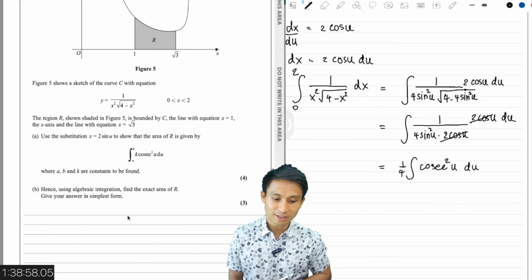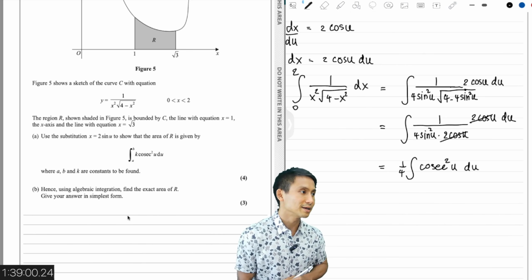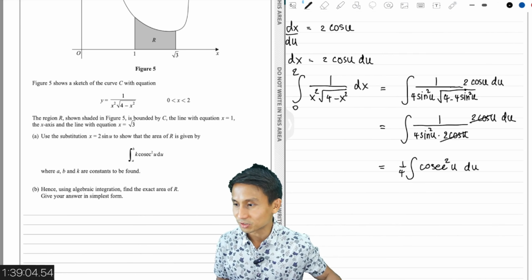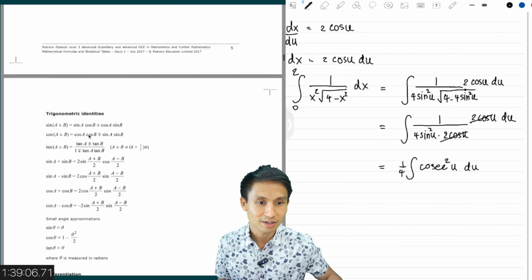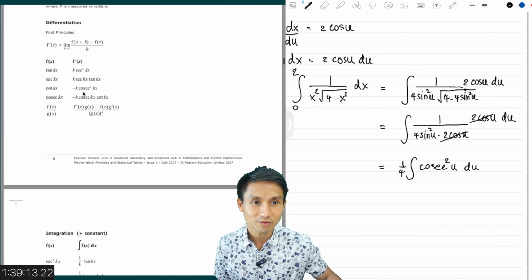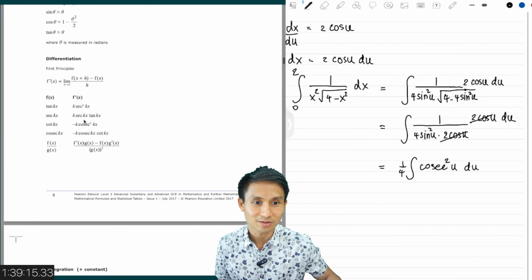Okay, cosec there. And I believe, is there a formula for cosec squared? Let me just find it in the formula sheet. I have it here. So let's see. Integrate cosec squared. We differentiate something, we should get cosec squared. So we differentiate cot, we get cosec squared.